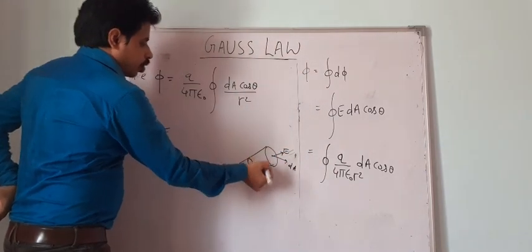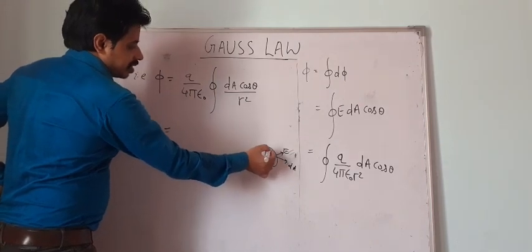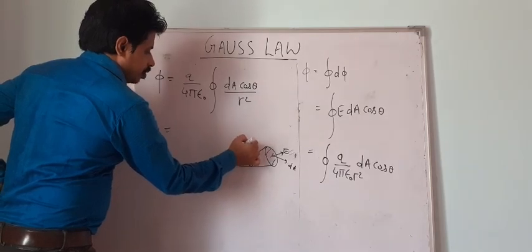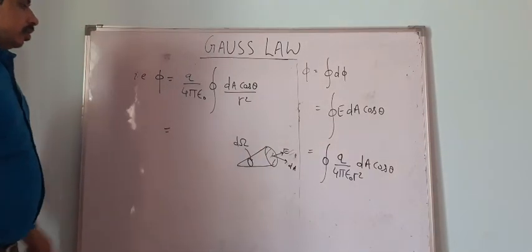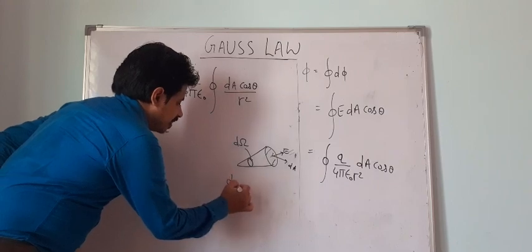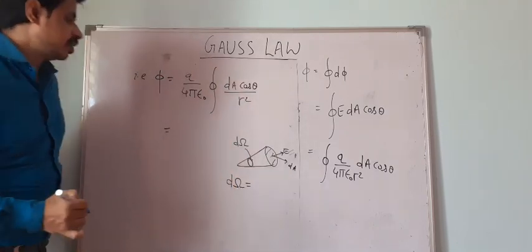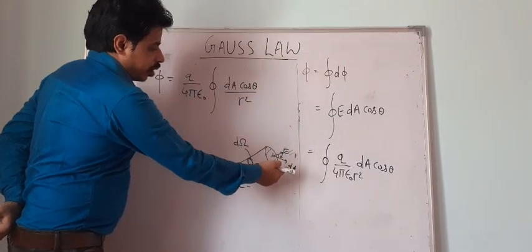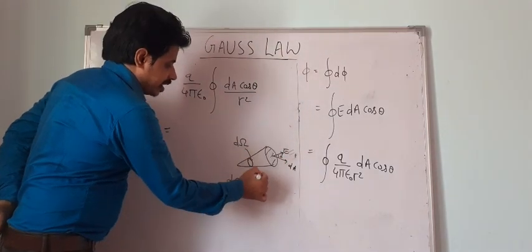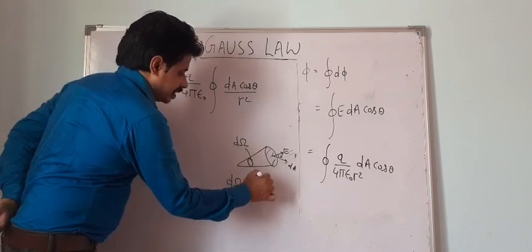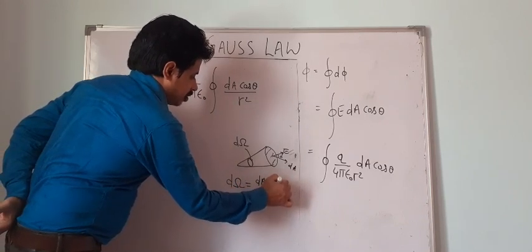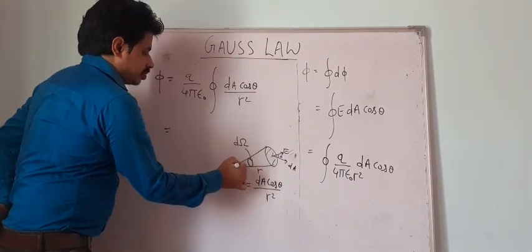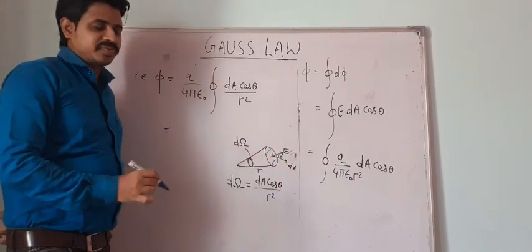Then the solid angle subtended by this surface is, suppose it is d omega. Then it is defined like d omega is equals to the component of area vector along the electric field, that is dA cos theta by the square of distance from this point to this surface.